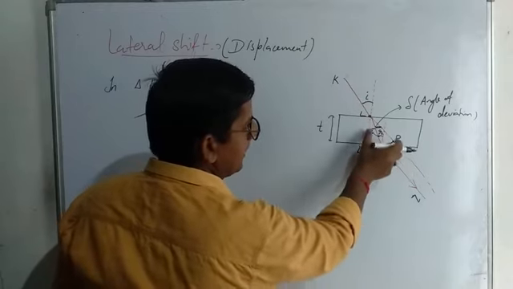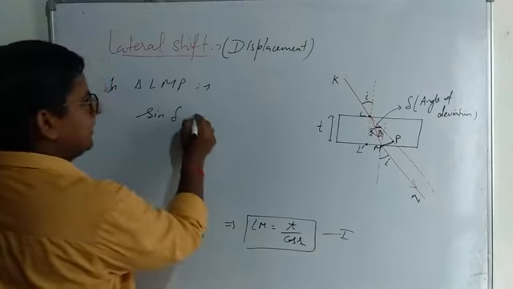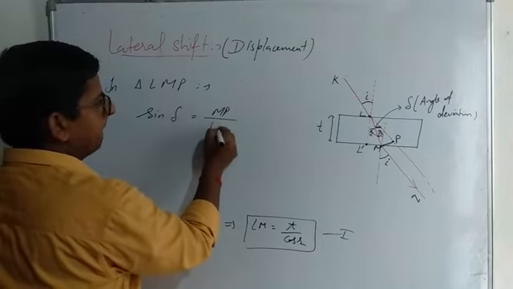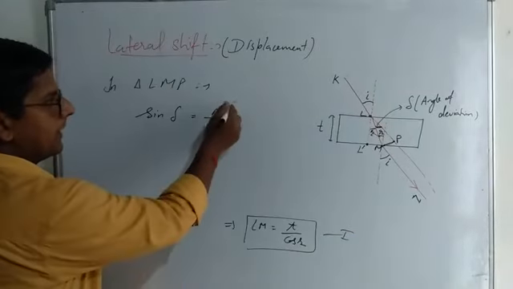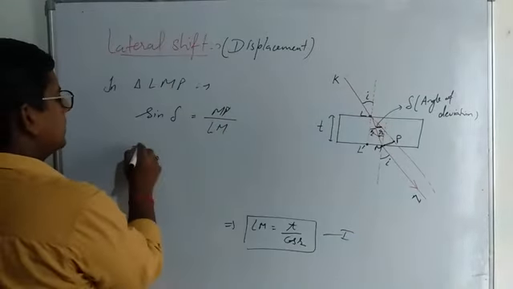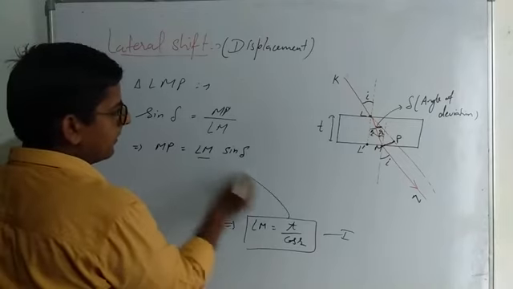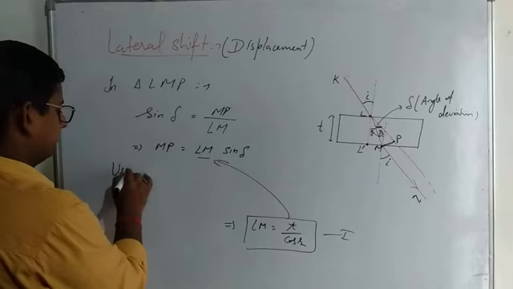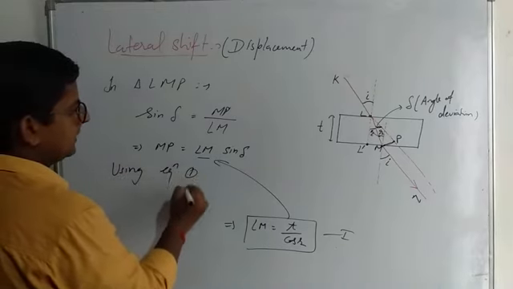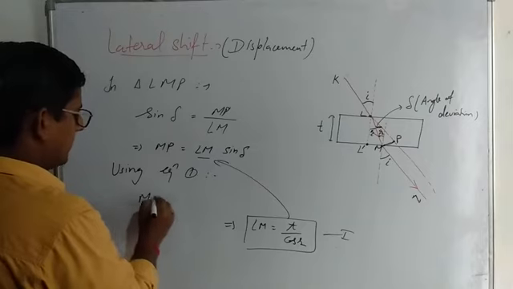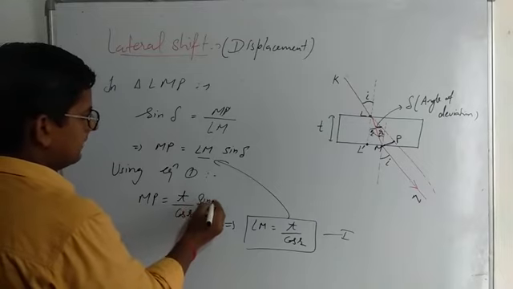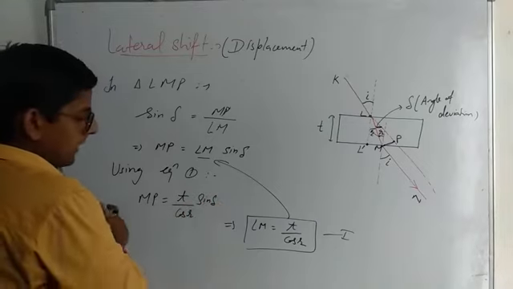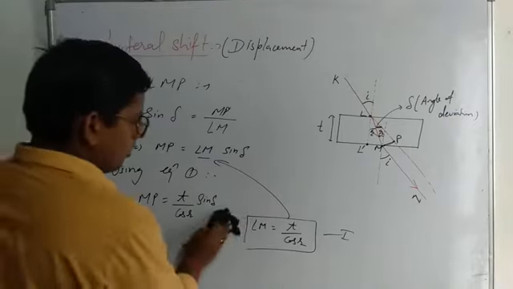Sine is perpendicular over hypotenuse, which means MP over LM. So to find MP, this equation implies that MP is equal to LM into sine of del. Using the value of LM from equation first, we get MP is equal to T over cos of R into sine of del.